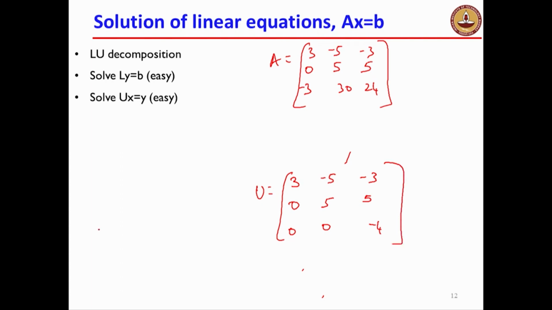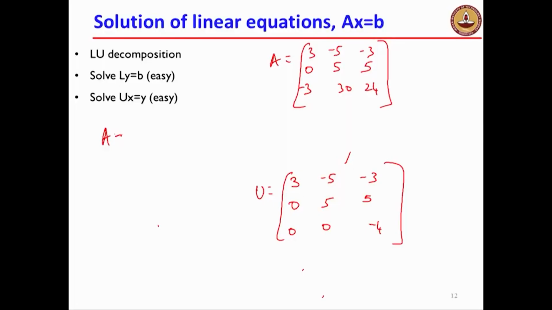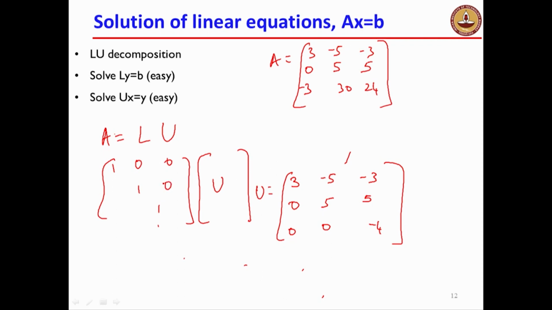Now it turns out that the matrix A and the matrix U are related to each other, because we were doing only some row operations on the previous matrix, and you can show that A can be written as L U. L is a lower triangular matrix with a very specific something more. L has ones on the diagonal, and U is this particular matrix over here. This is my matrix U. Now this is a lower triangular matrix, everything else is 0 over here.